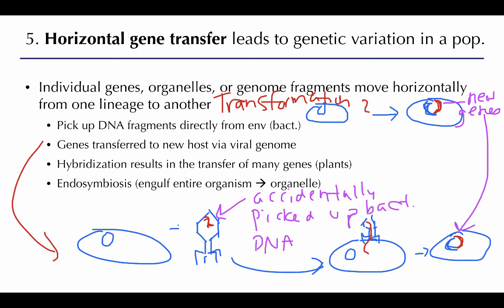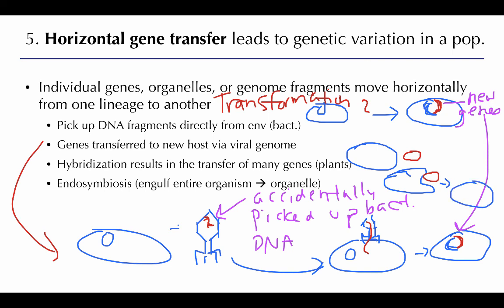And finally, endosymbiosis. You might recognize that word from when we talked about the mitochondria and chloroplasts in Bio 1. And the idea there is that you have an organism and a smaller organism, and the first one engulfs the smaller one, which is not abnormal. Well, that's how they eat a lot of times. It's a single-celled organism.